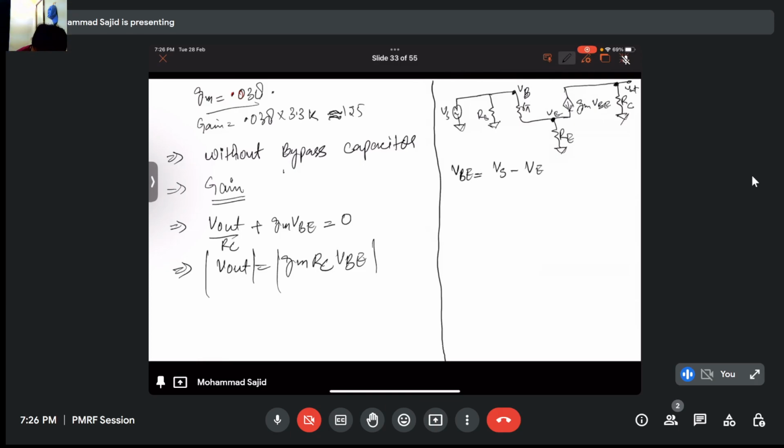And if I apply KCL at node VE, node E, what I will get? So this is the base current, this is emitter current, right?